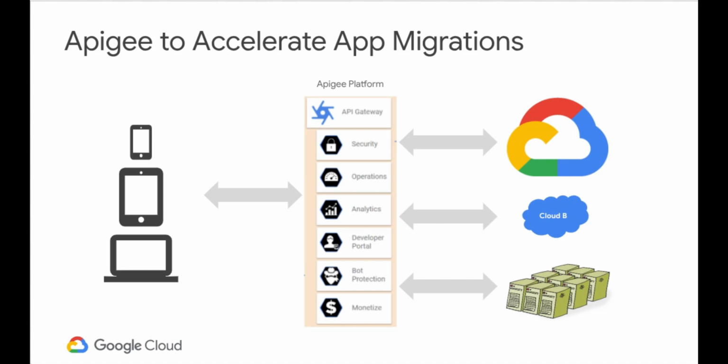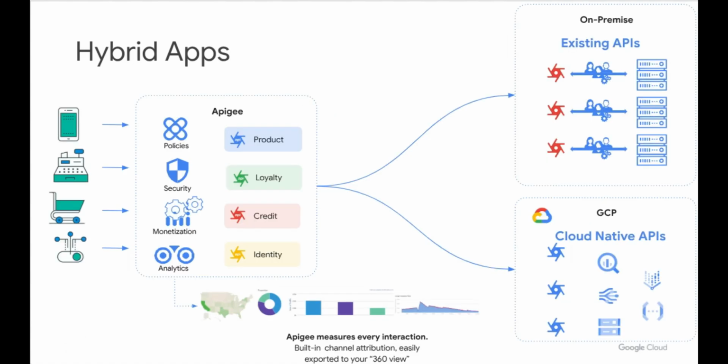So by having an API management layer sat in front, what that gives us is a mediation capability so that we can seamlessly switch out whatever sits behind that layer and do that in a manner that is completely transparent and does not affect those consumers of those services. So this actually then unlocks our ability to accelerate in terms of these migrations.